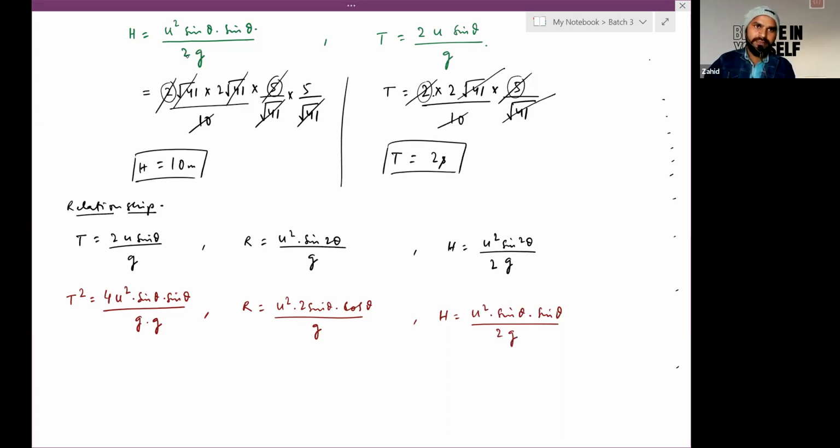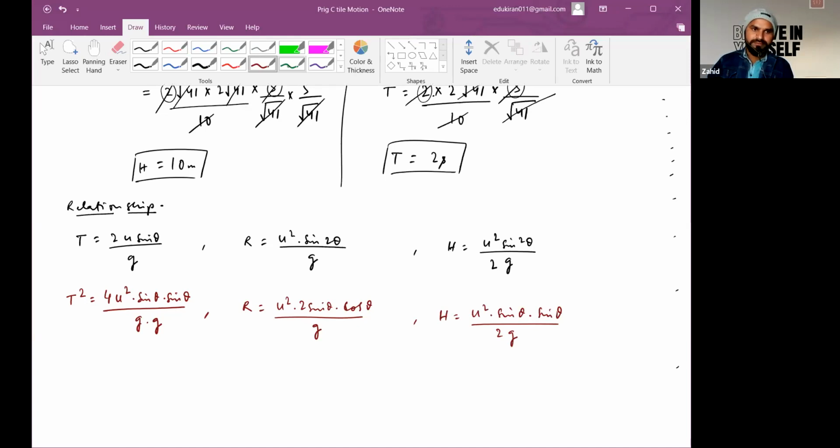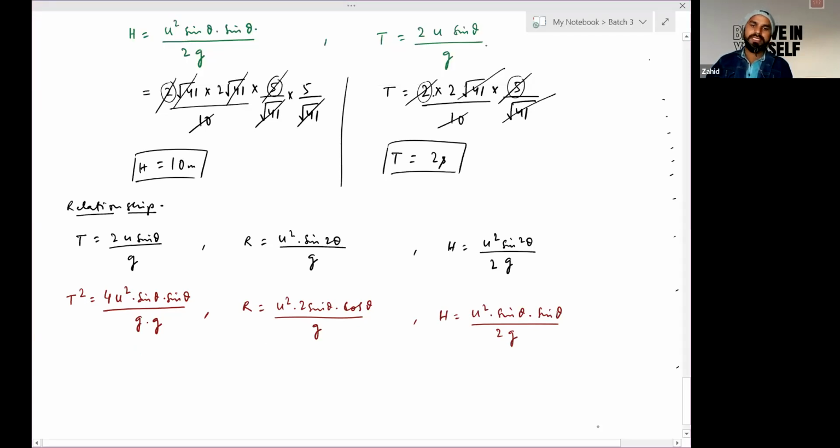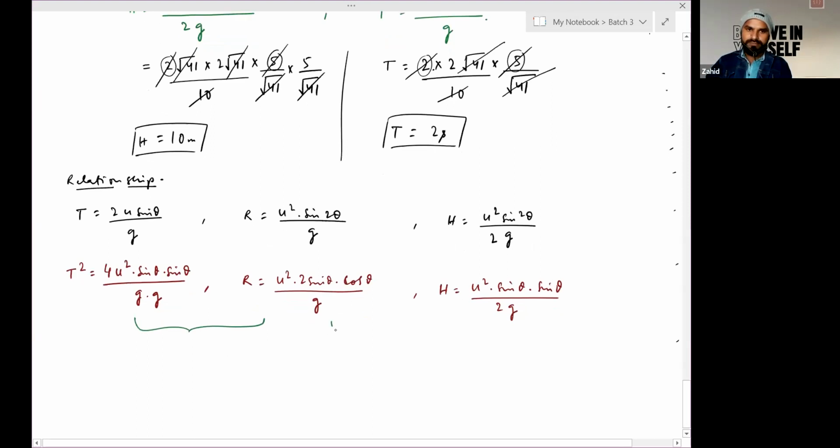If you have to relate the first two terms, that is time of flight and range, and similarly range and height, just divide these terms. So t square is 4 times u square sine theta into sine theta divided by gravity into gravity.